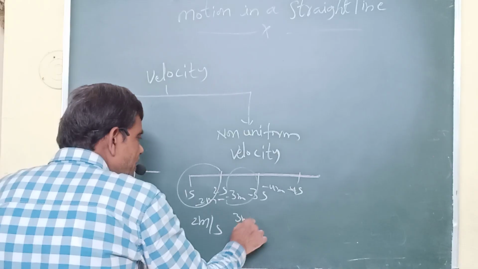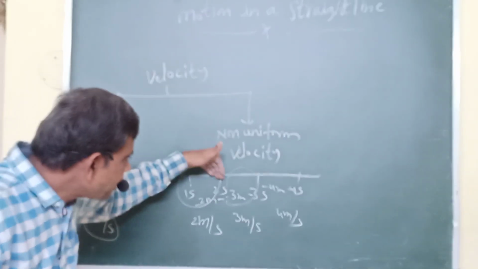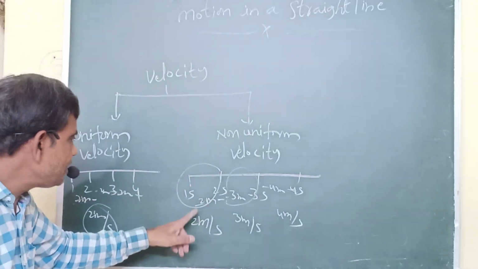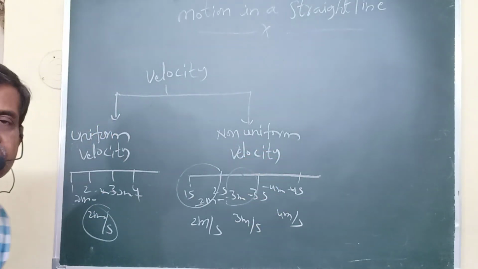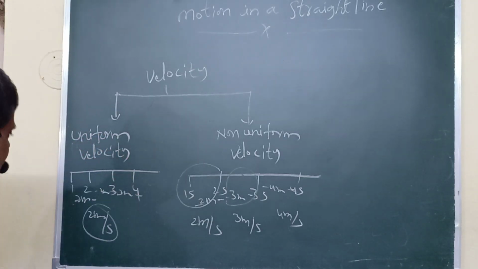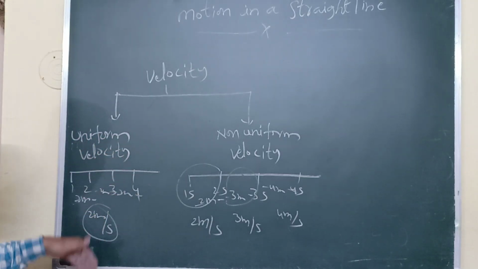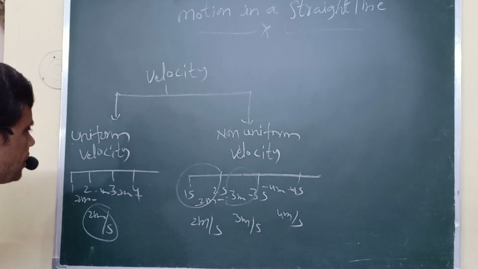Similarly here, 3 meters per second. Here, 4 meters per second. In equal time intervals, traveled displacement is different. That is called non-uniform velocity. What is uniform velocity? In equal time intervals, traveled displacement is same.